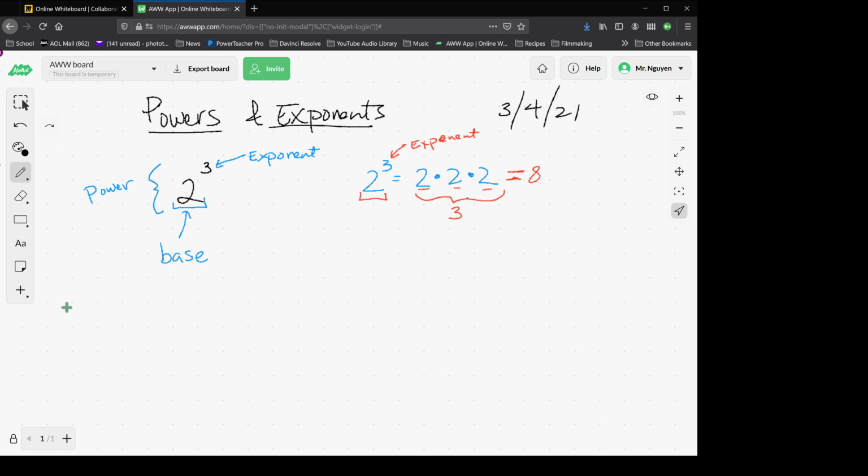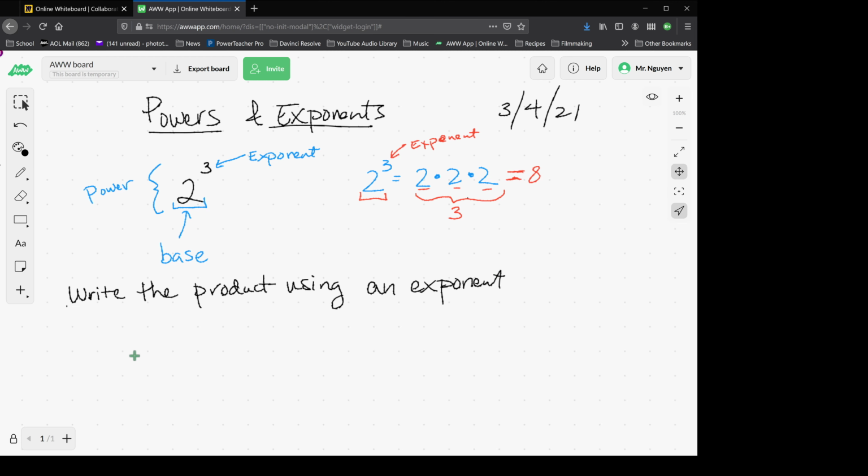So first, what I want you to do is write the product using an exponent.